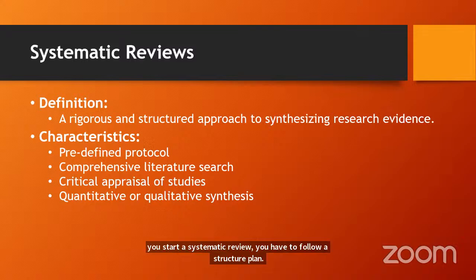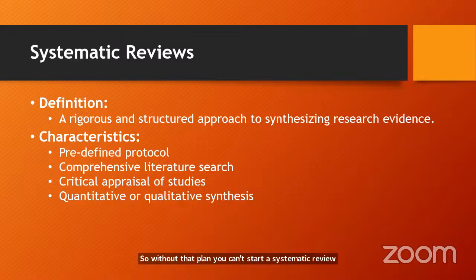Without that structured plan, you can't start a systematic review. The second characteristic is the comprehensive literature search. You have to search various databases. Not only one database is enough. You have to search Medline, Scopus, CINAHL, Central, Embase. So you have to search lots of databases.